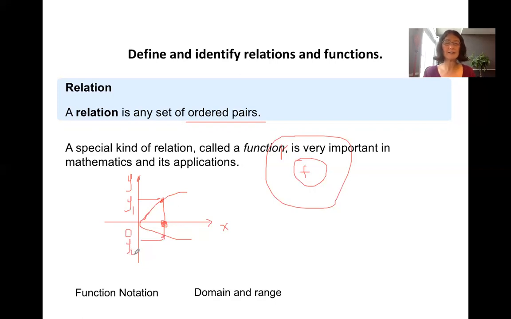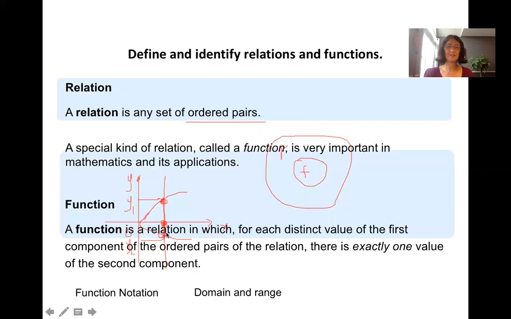That violates the definition of function. The definition said, for each x, you get a unique y. But here, for one x, you get two y. So this is not a function. This method we call the vertical line test. You draw a vertical line, and if you have two intersection points, that is not a function. So again, there is exactly one value of the second component.